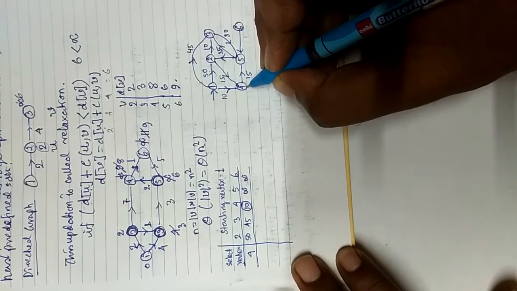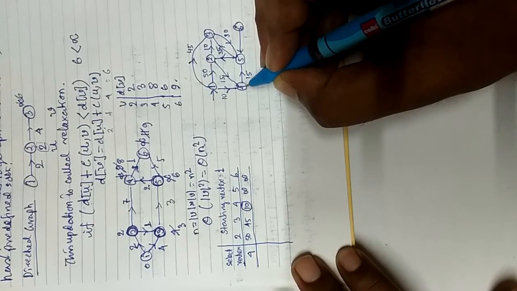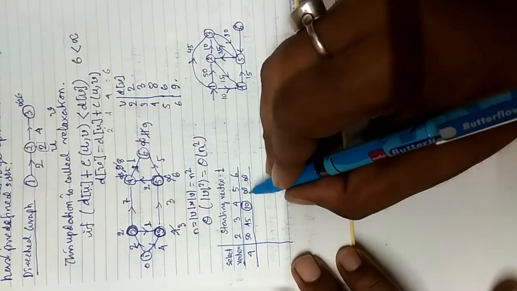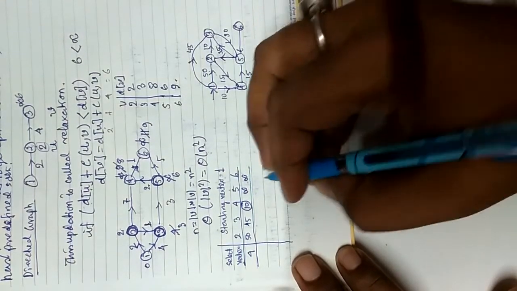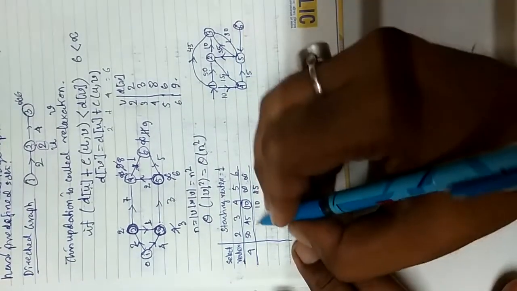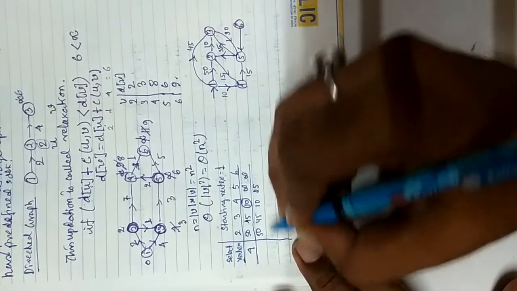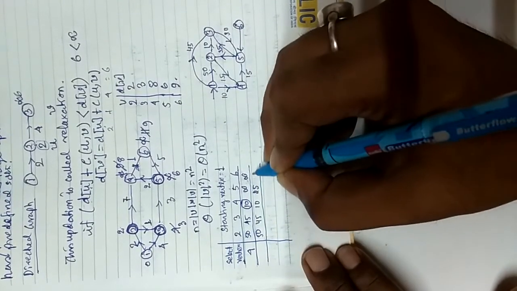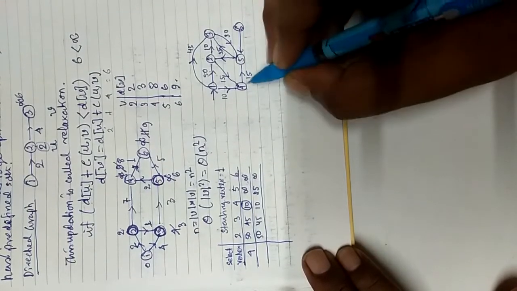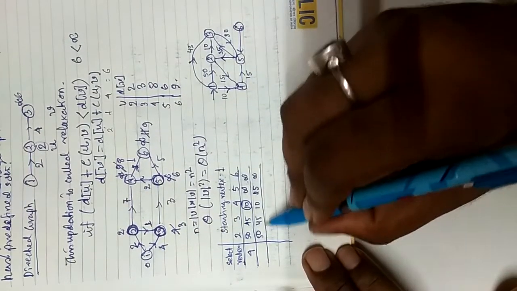The cost of vertex 4 is 10, so 10 plus 15 is 25. Previously it was infinity, but it is now 25, and all the others remain the same because there is no change in the cost, and this is also infinity because from 4 there is no directed path.